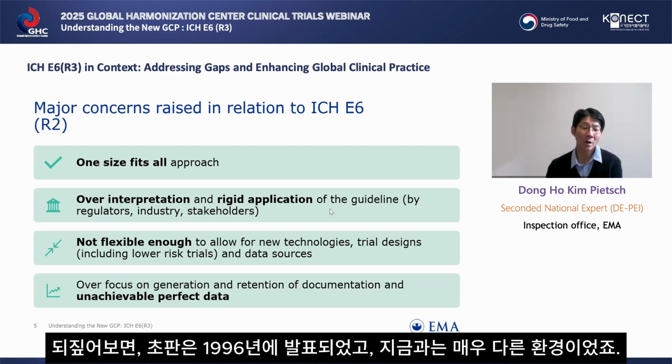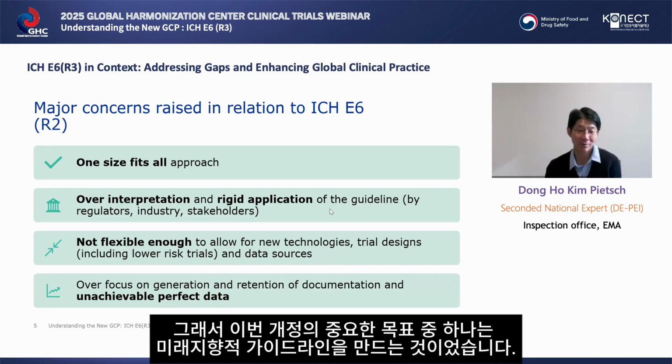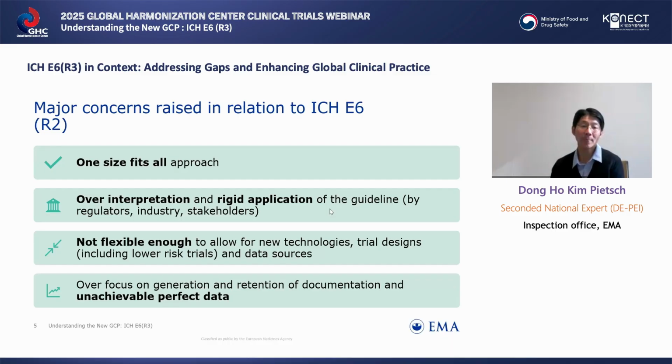If you recall the previous slides, the original version was finalized in 1996, and for those who had been around, I was a teenager at this time, things looked slightly or dramatically different than they look today. One of the aims was also to make this rewrite future-proof.